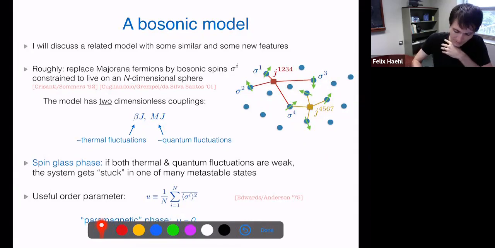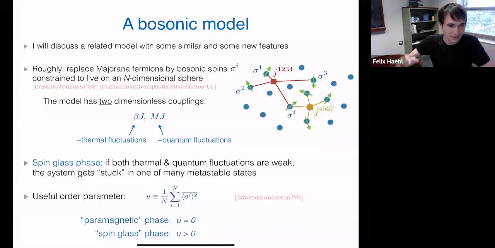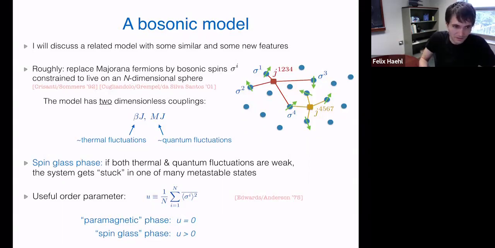And the other coupling I will call MJ, and that roughly you can think of as the size of that sphere that we constrain the spins to live on. And its physical meaning is going to be that it parameterizes the strength of quantum fluctuations in some sense. So we have 2 couplings that tell us about the strength of thermal fluctuations and quantum fluctuations. And it's going to be interesting to observe how they interact with each other, what's their interplay, how do they affect various features of the model.